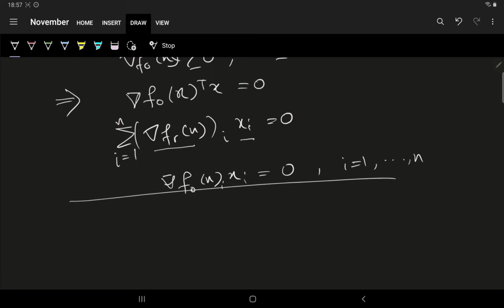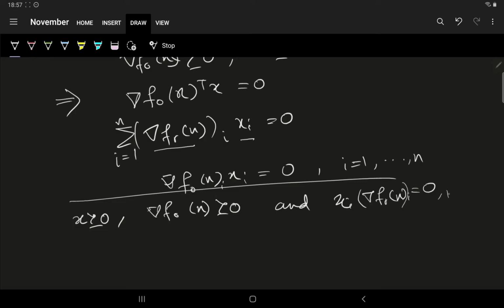So the optimality condition is finally reduced to xi times del of f naught of x at i is equal to 0 for i equal to 1 to n.